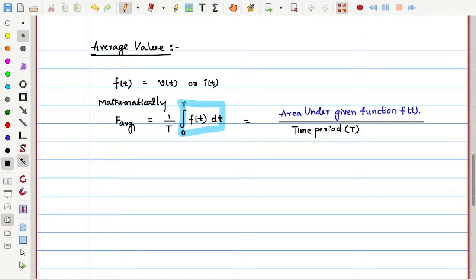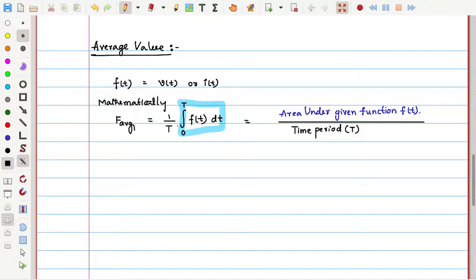The integration limit duration is t minus 0, equal to t, which is the same as this t. Whatever the limits may be, say 1 to 10 seconds, then I will divide by 9, that is 10 minus 1.